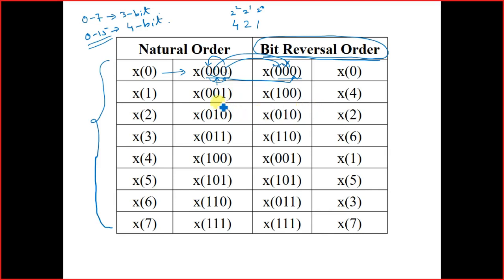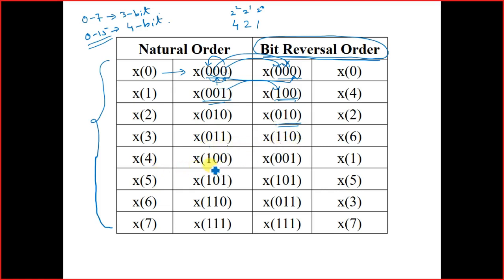Now similarly, in the next one, this 1 comes over here, then these 2 zeros come accordingly over here. So it becomes 1, 0, 0. Then 0, 1, 0 remains the same. There is no order change. Then 0, 1, 1 becomes 1, 1, 0.